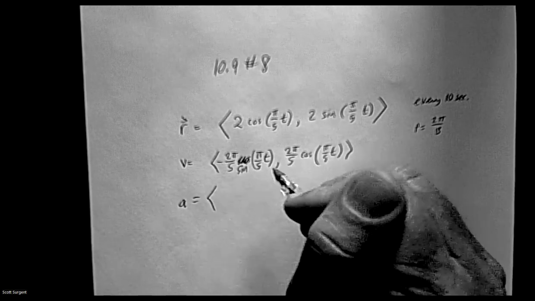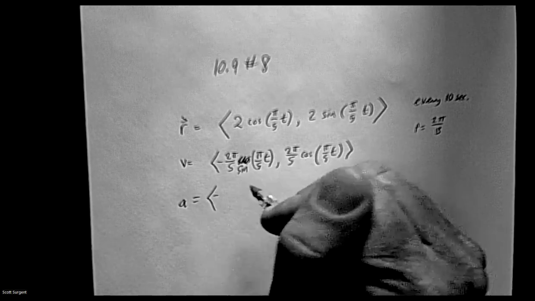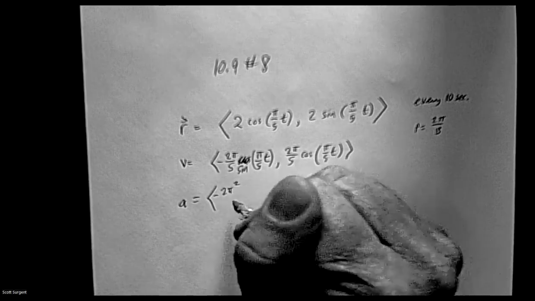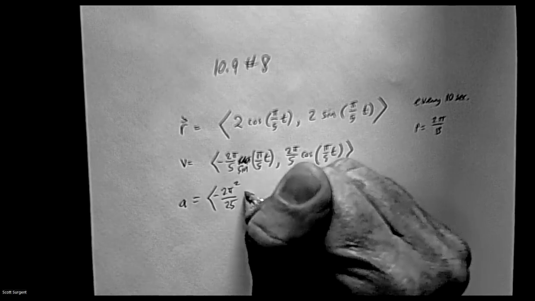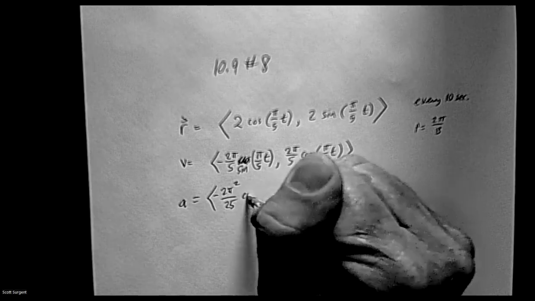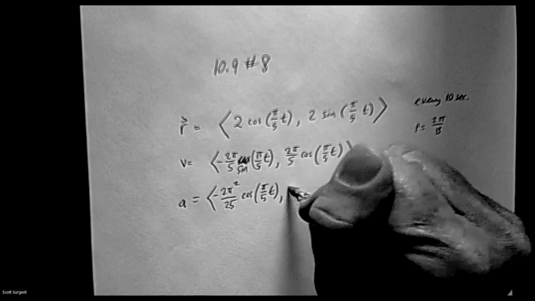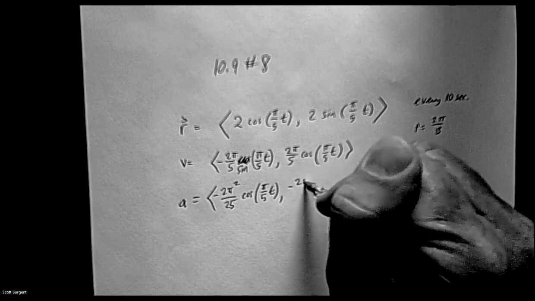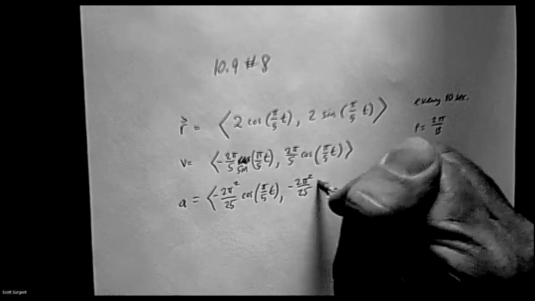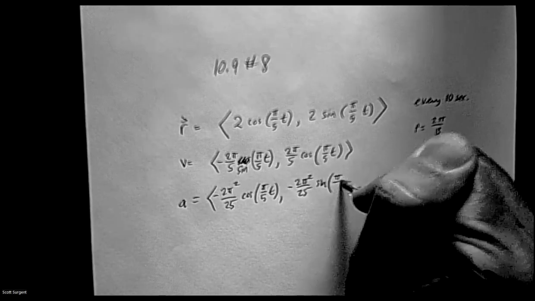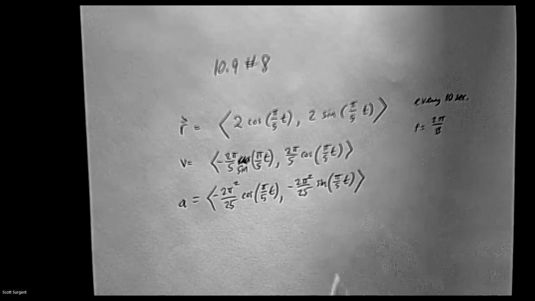Oh boy, so we're going to get negative 2 pi squared over 25 cos pi fifths t, and negative 2 pi squared over 25 sine pi fifths t. And that's your acceleration.